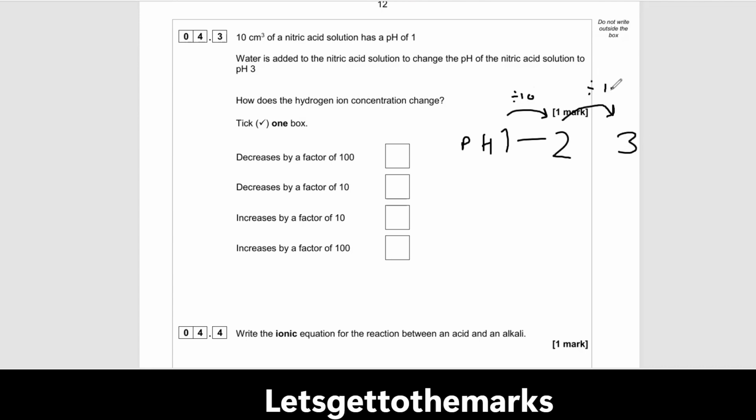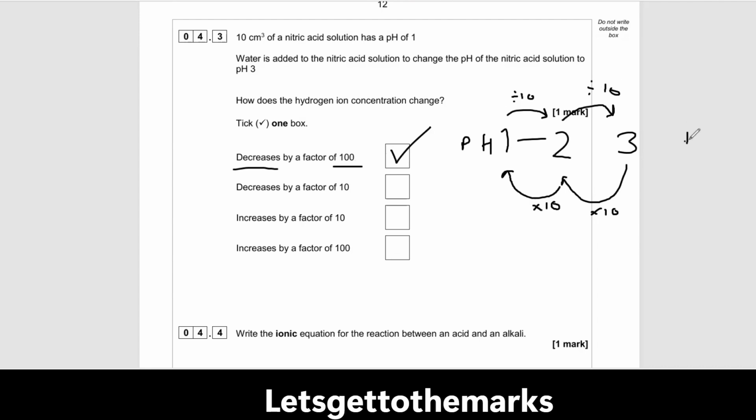So guess what the answer is for this one? You're going to divide the concentration by 10, then divide by 10 again. It decreases by a factor of 100, 10 by 10. Now the opposite, if the question said we're going from pH 3 to pH 1, how many times stronger is it? Well, it would increase by a factor of 10 times 10, which is 100.